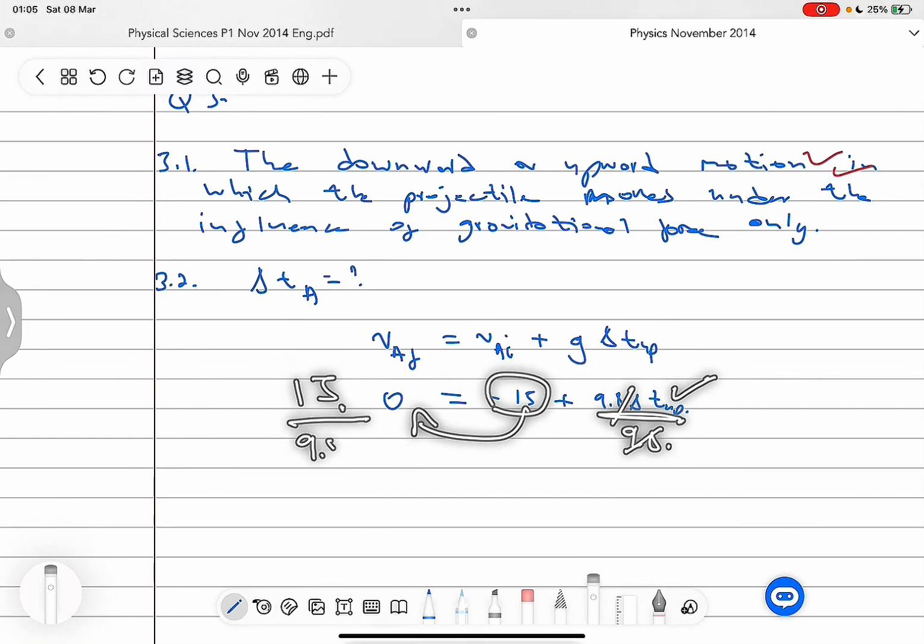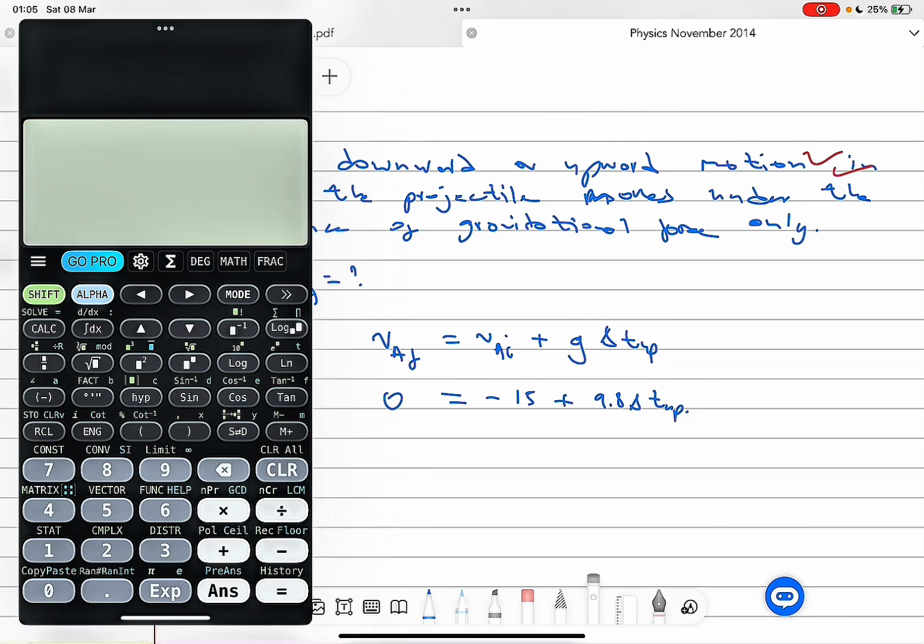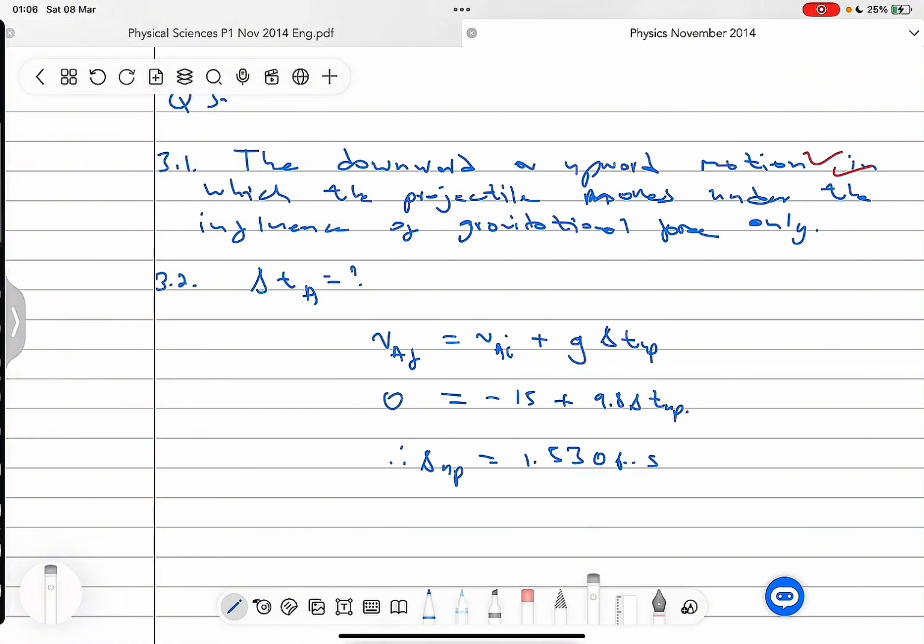So this side I'm dividing 15 by 9.8, and that says the time it takes to go up is 1.5306 seconds. Now I didn't round off here because this is not the final answer.